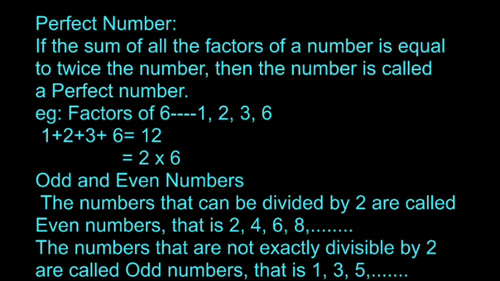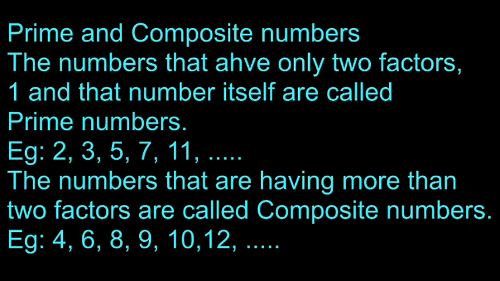The numbers that are not exactly divisible by 2 are called odd numbers. That is 1, 3, 5, 7, 9, 11, 13. These numbers we cannot divide by 2 exactly. When you divide these numbers by 2, it leaves a remainder. So they are odd numbers.